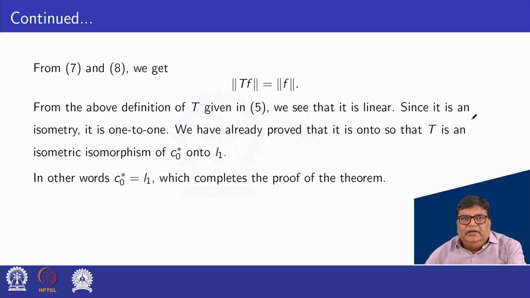Since it is an isometry, it is 1 to 1. We have already proved that it is onto. So T is an isometric isomorphism of C0 star onto L1. In other words, C0 star is equal to L1, which completes the proof of the theorem.